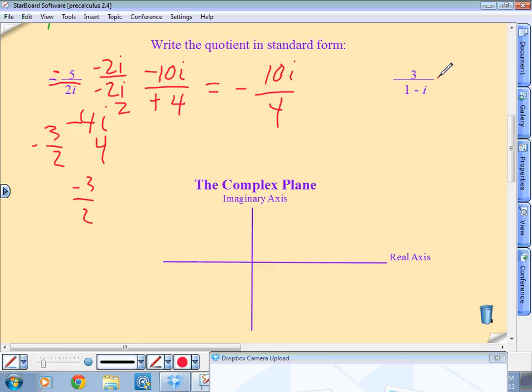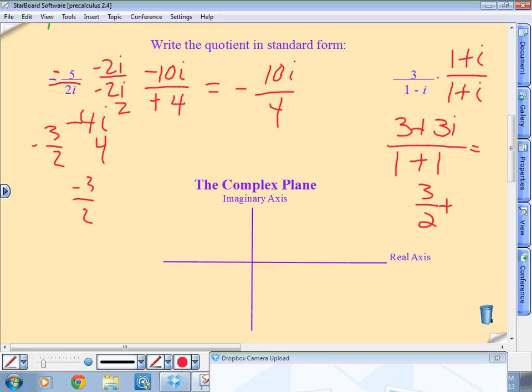What's the conjugate of 1 minus i? 1 plus i. So you've got to do the numerator and the denominator. Distributing, they're just FOILing on the bottom, right? 3 halves plus 3i over 2.